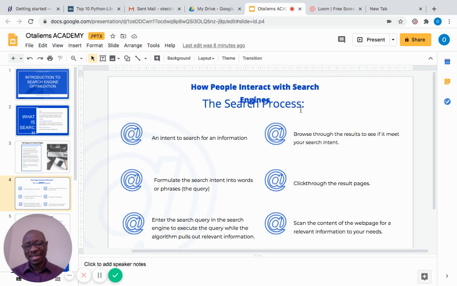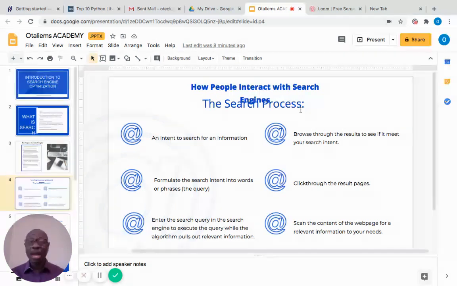So it starts with a thought. Searching the internet for information begins with a thought. You want to look for information, so you formulate that thought into words. Take for instance, I am looking for car renters. I have it at the back of my mind that I need to rent a car.